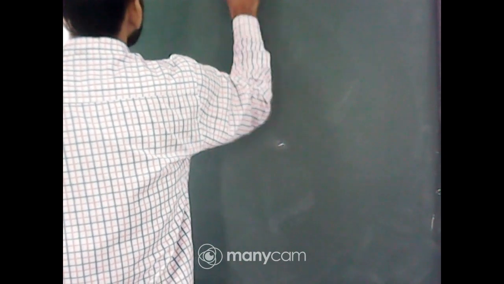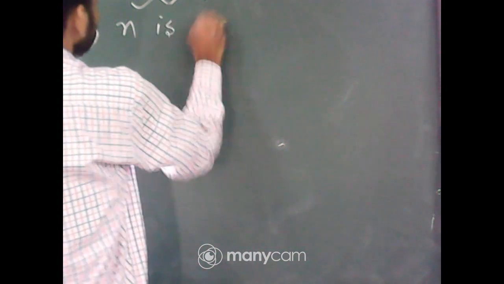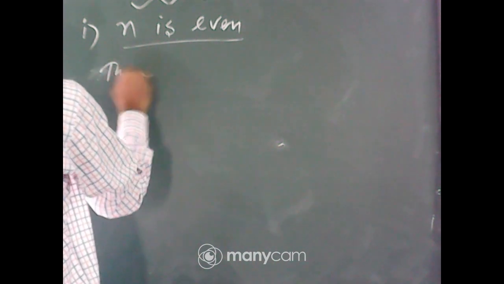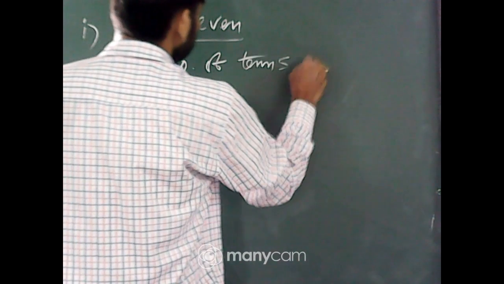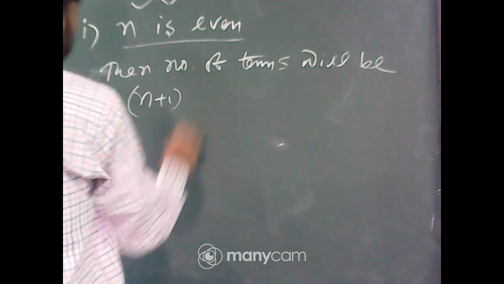So the middle term. Whenever we discuss the middle term, we have to consider two cases. First of all, whenever n is even, then the number of terms will be n plus 1, which is odd.